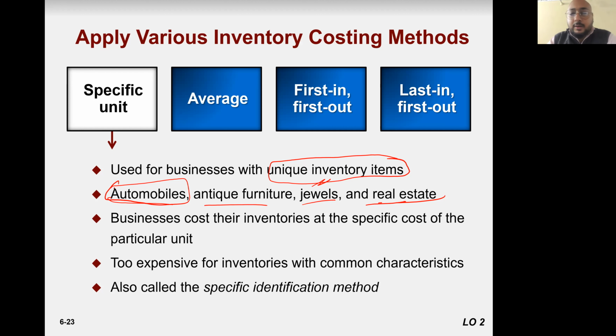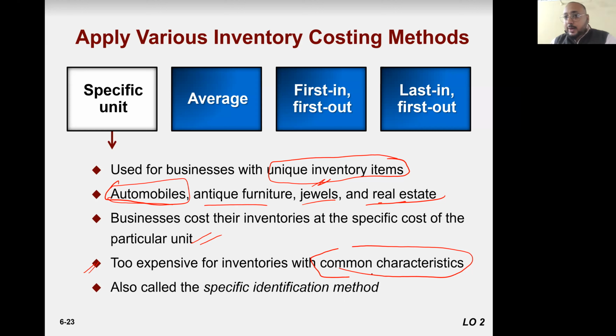So the business costs their inventories as a specific unit, a particular unit. If you understand managerial accounting, in that case it is easy to find out their raw material costs, direct material costs, their direct labor and manufacturing overhead. But this inventory system is too expensive for inventories with common characteristics.